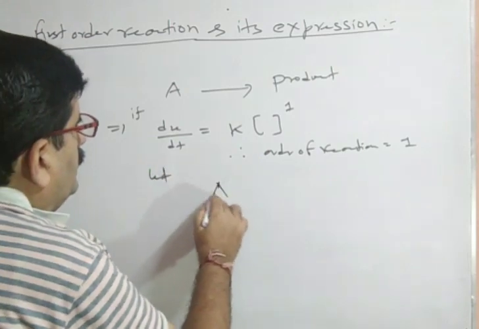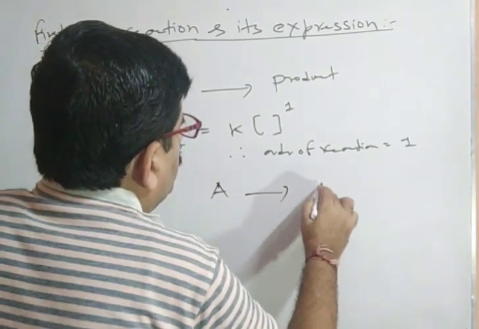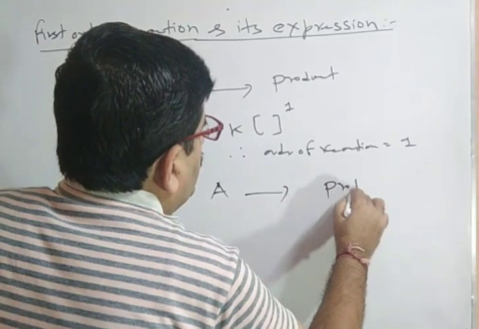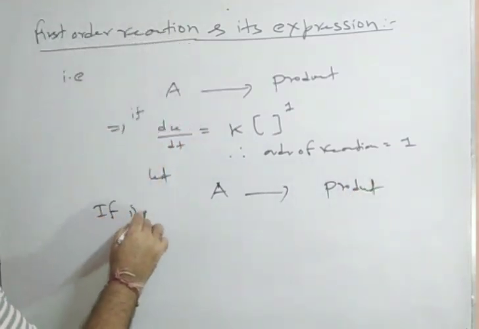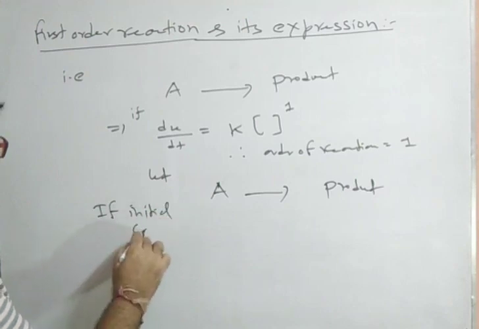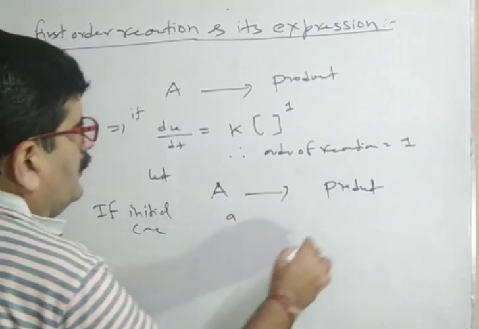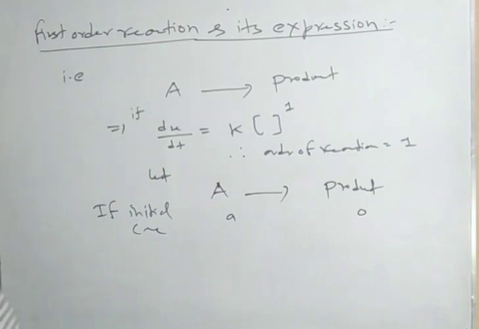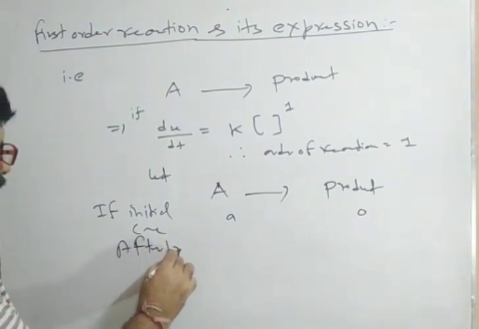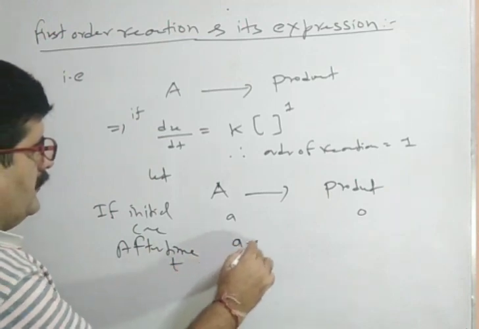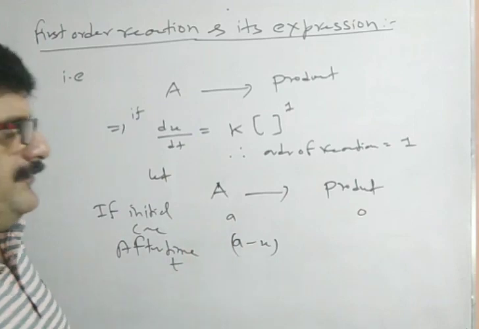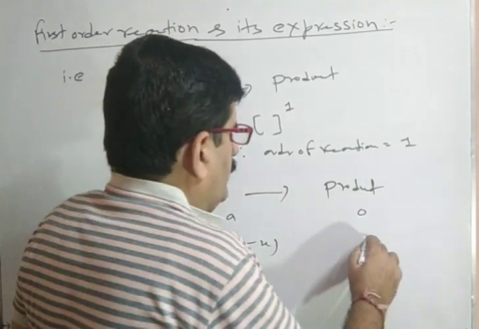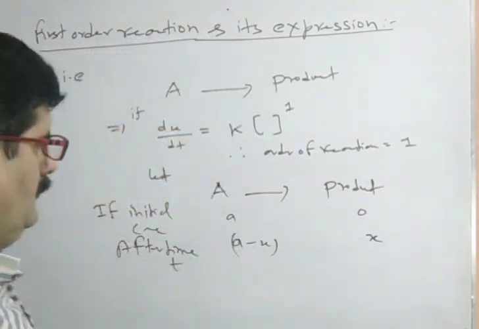Let A converted into product. If initial concentration is small a, product becomes what? 0. After time t, the concentration left becomes a minus x and the concentration of product is x.